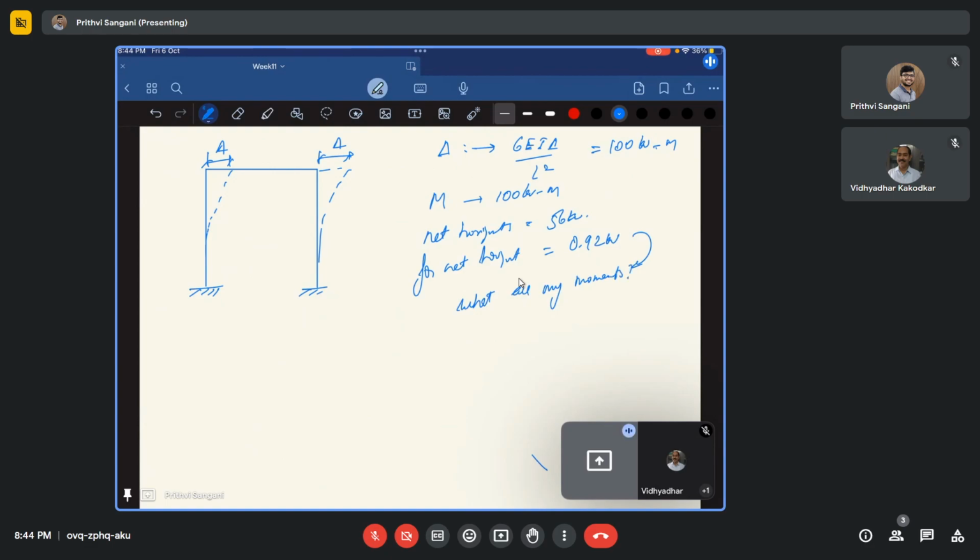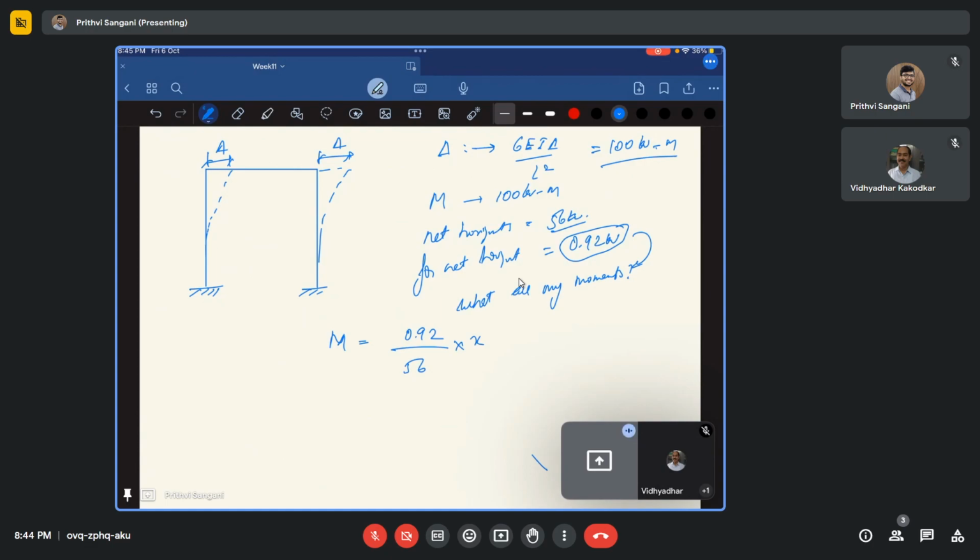As we said, we are dealing with linear problems. For 100 kilonewton meter of moment, you are getting a net horizontal force of 56. For the net horizontal to be 0.92, the moment should be simply the linear proportion of it. That proportion is nothing but 0.92 divided by 56 times x.